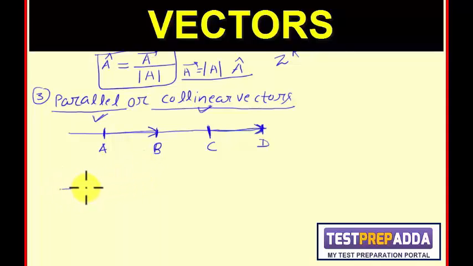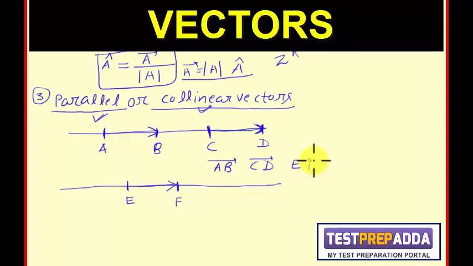Means if I take another line of support which is parallel to this first one, and here if I take another vector EF, then EF will be parallel to AB and CD. So vector AB, vector CD and vector EF, these are parallel or collinear vectors.